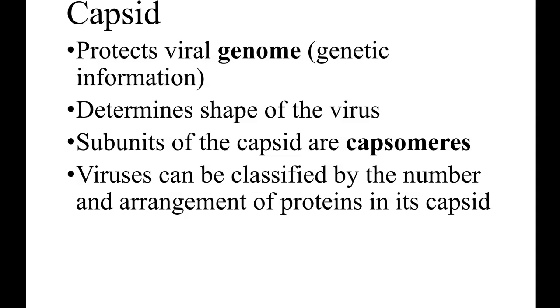Viruses have different shapes. We're going to talk later about the taxonomy of viruses. There are different ways that we can classify and group viruses. Sometimes they can be grouped depending on the arrangement of the proteins in the capsid.